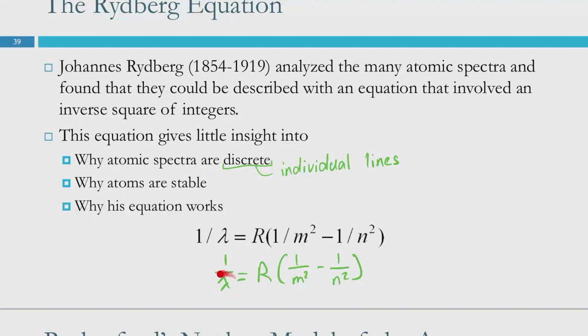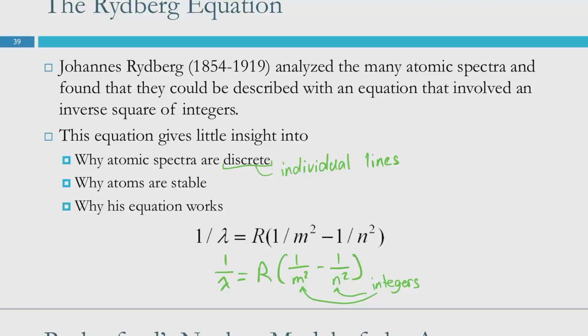So our lambda over here is still wavelength. R is the Rydberg constant. M and N are some integer values. I think technically we could also call those counting numbers, but I'm not a math major, so I could be wrong there.